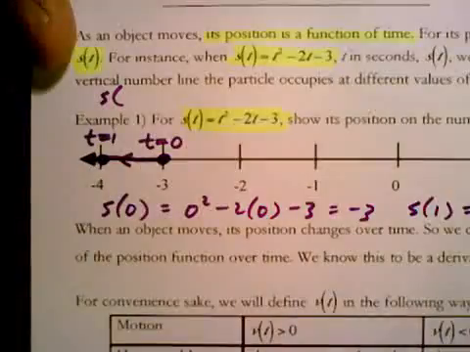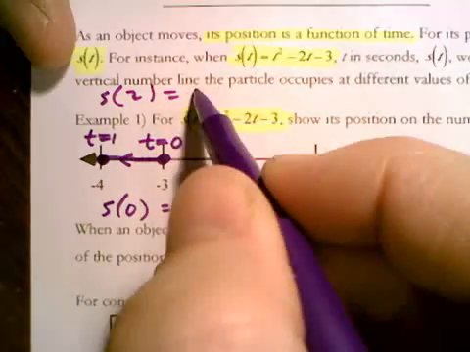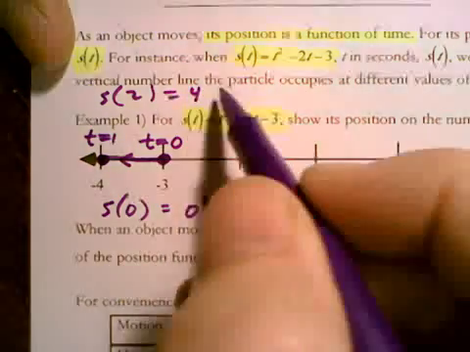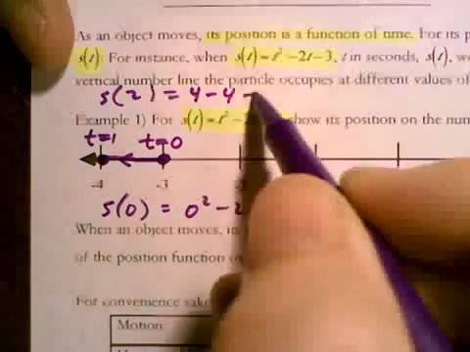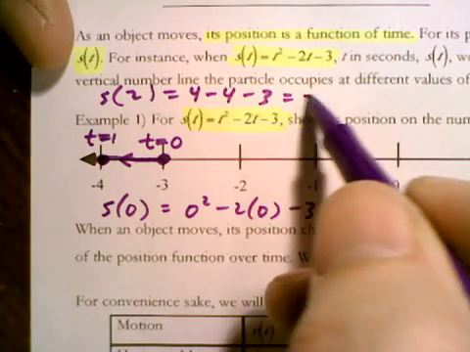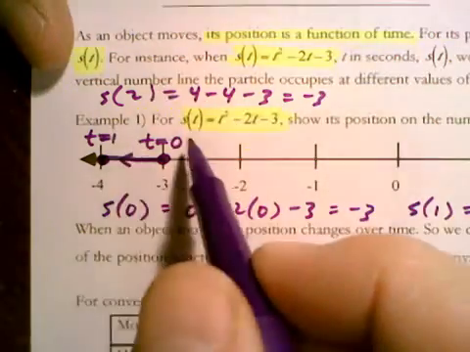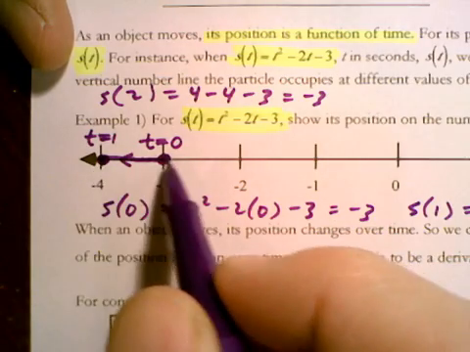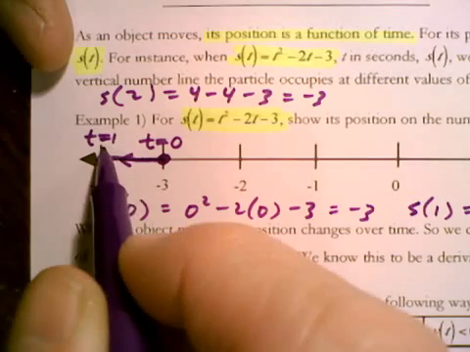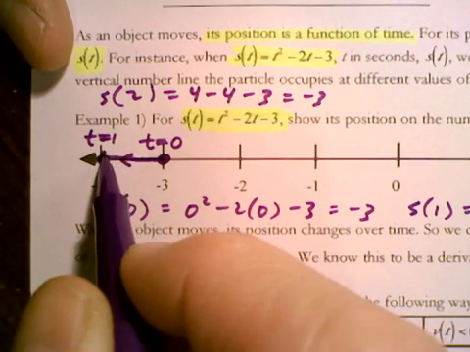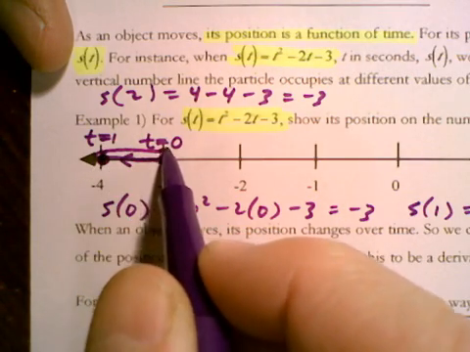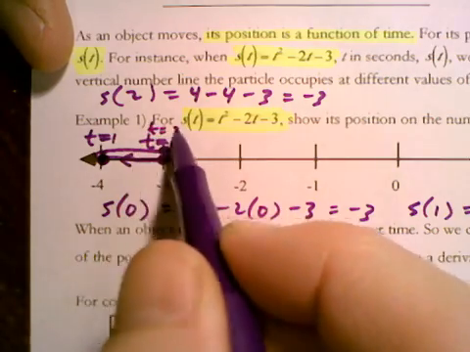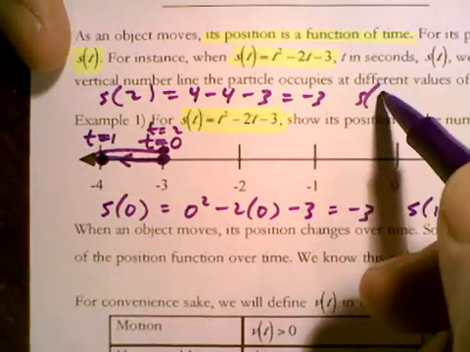s at 2: 2 squared is 4, so 4 minus 2 times 2 is 4, minus 3, so you get -3. So at t equals 0, then t equals 1, and then we're back here at -3, so this particle has changed direction somewhere over here, we don't know where, but it's back at -3 at t equals 2.